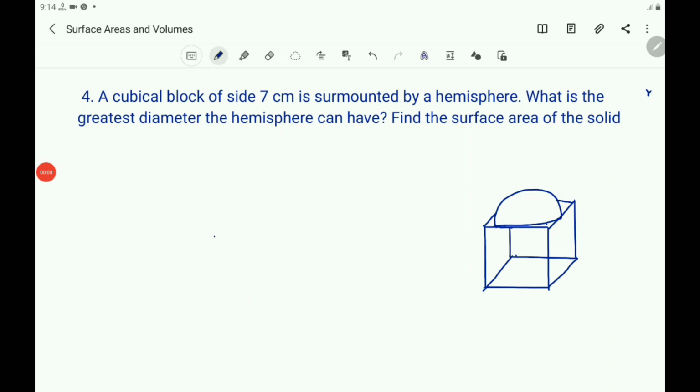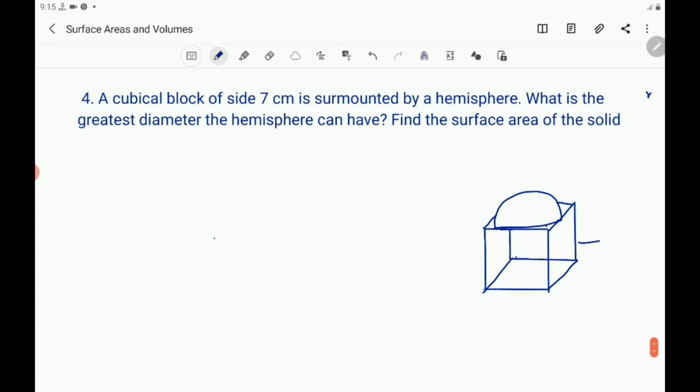Now the fourth question, what is that question? A cubical block of side 7 cm is surmounted by a hemisphere. What is the greatest diameter the hemisphere can have? Find the surface area of the solid. Here there is a cube and it is surmounted by the hemisphere.